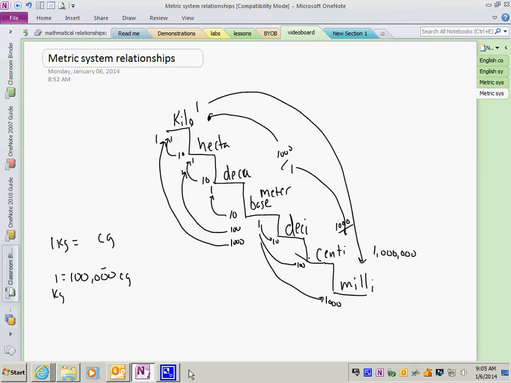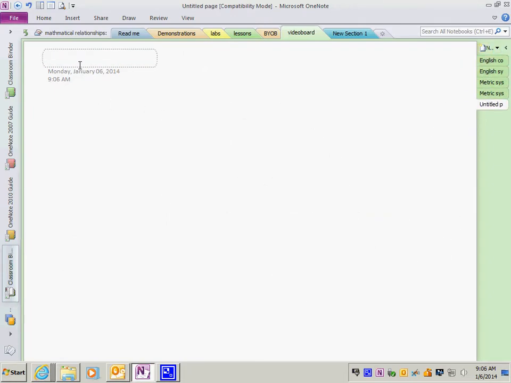Couple of examples. I will do some examples of, let's say, some English and some metric. All right, let's take, for example, 1.5 miles.